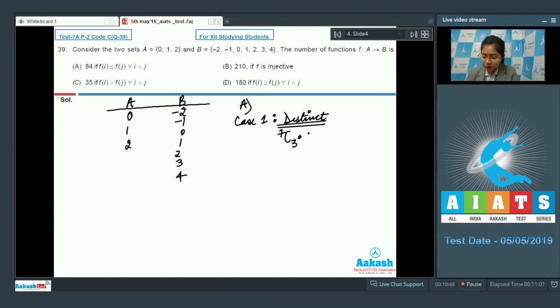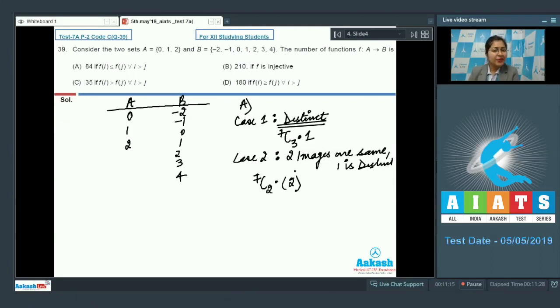So into 1. Now similarly, case 2, in which 2 images are same and 1 is distinct. Now this means that from the 7 elements we will select only 2 and we will have 2 ways in which 2 can be same.